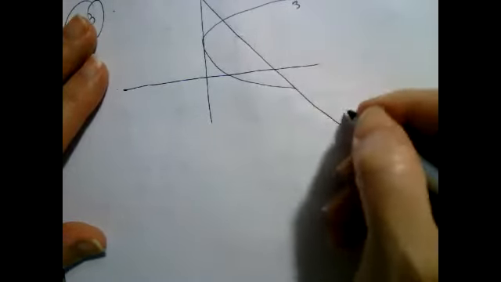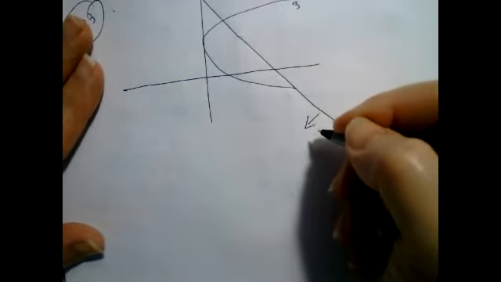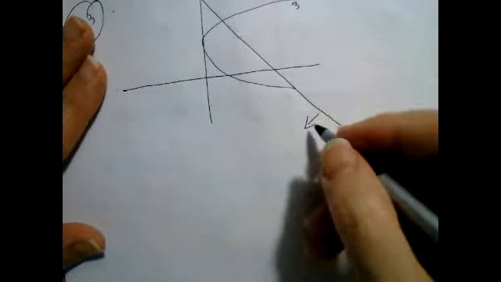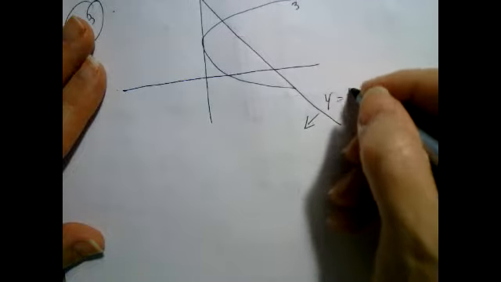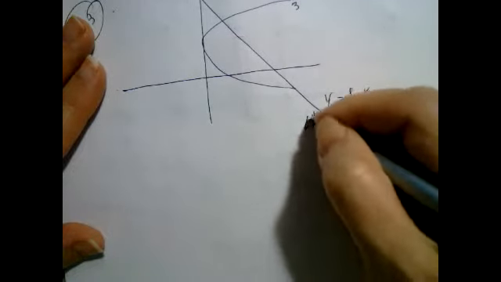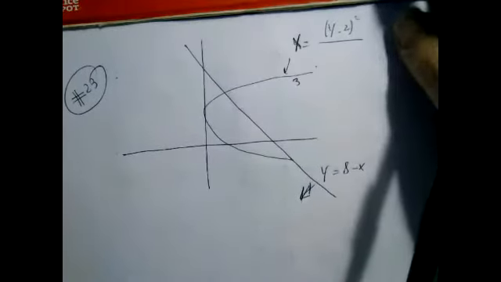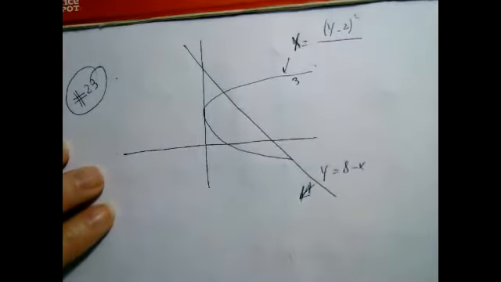And this parabola has for equation, no, it's x equal (y minus 2) squared over 3. And this is y equal 8 minus x. Okay, so this is my picture right here. And the question is to find the area.